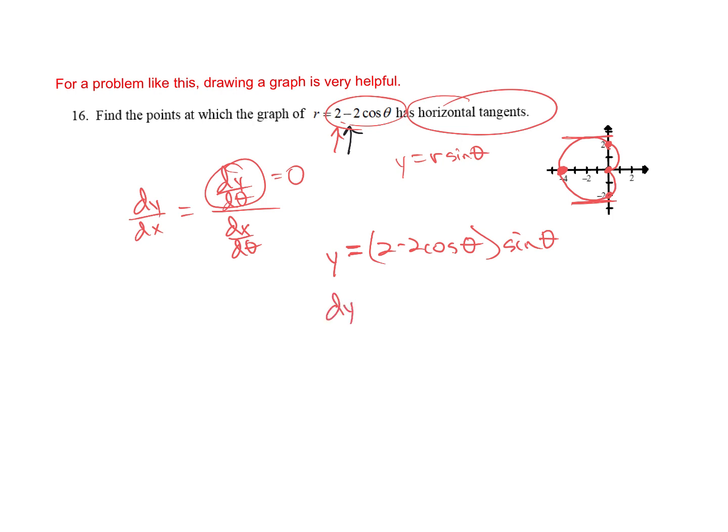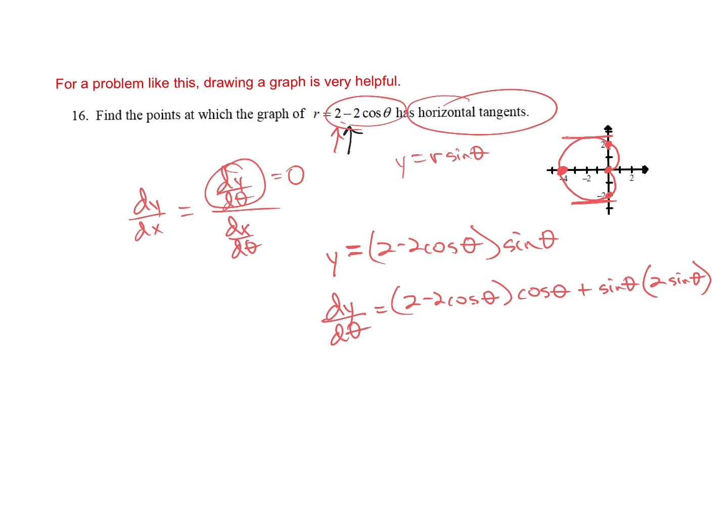So we have dy d theta is equal to, again, we've got a product rule here, so the first times the derivative of the second plus the second times the derivative of the first, which is 2 sine of theta.